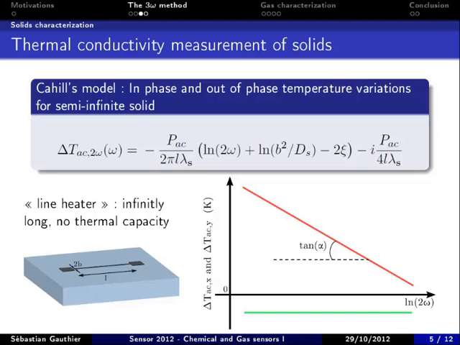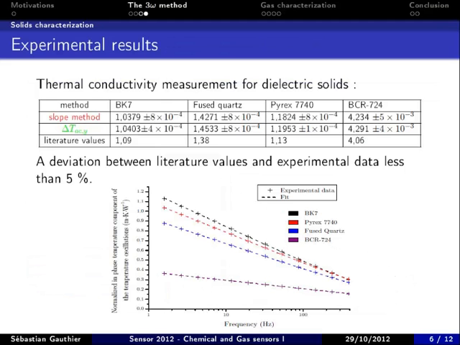So doing so, this model was derived, and we see that we have first the in-phase term of the thermal oscillation, that is a straight line, and the slope gives directly access to the thermal conductivity of the substrate. And we also have an out-of-phase term, which is constant and also inversely proportional to the thermal conductivity. So by plotting this graph, measuring the thermal oscillation as a function of the input frequency of the current, we can access the thermal conductivity.